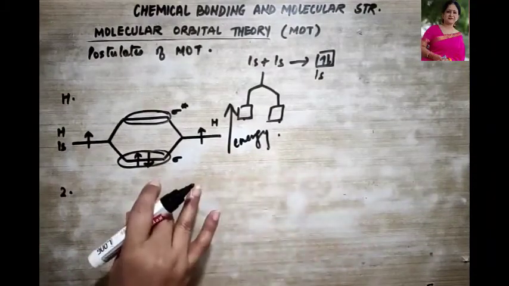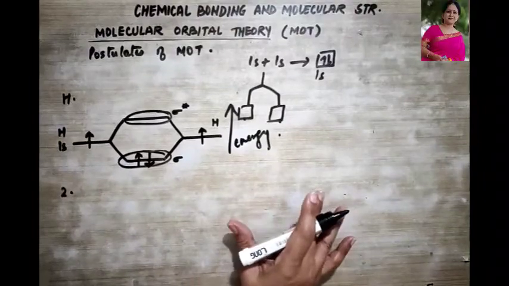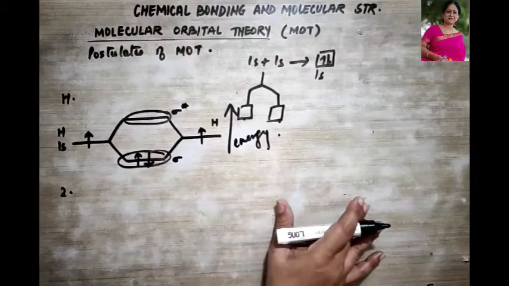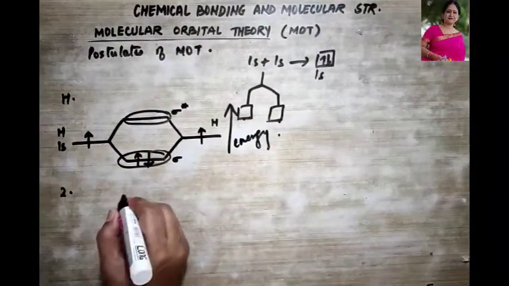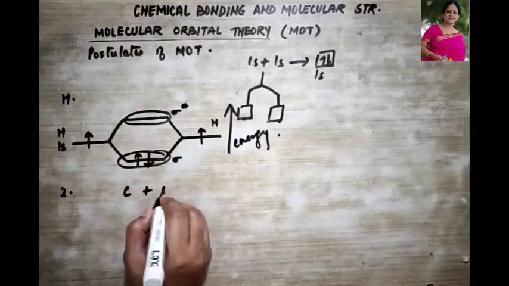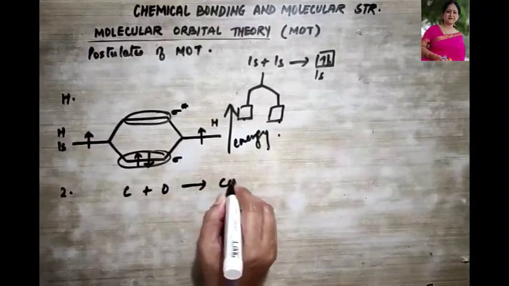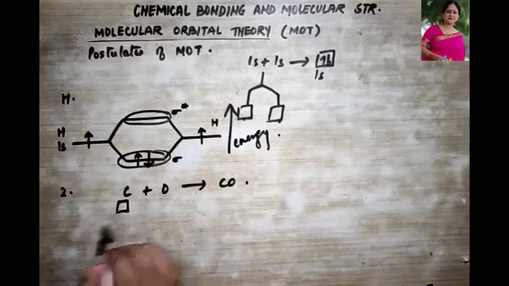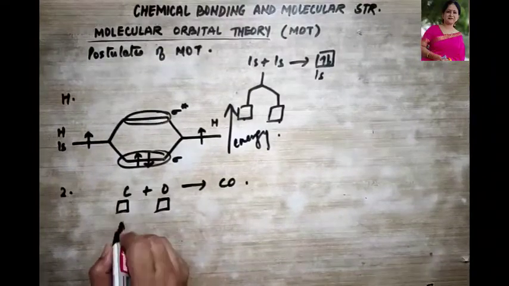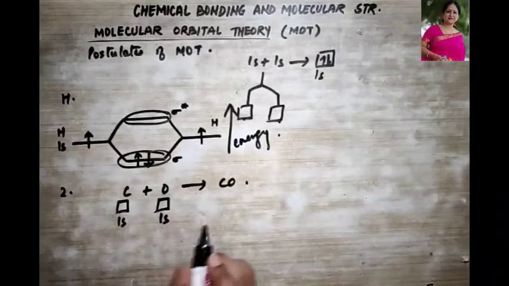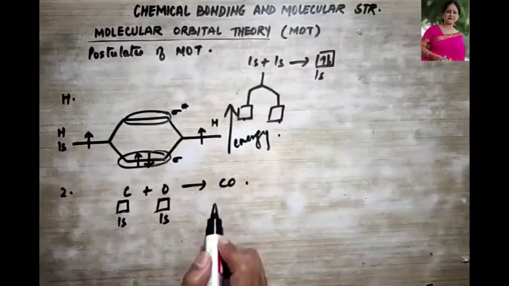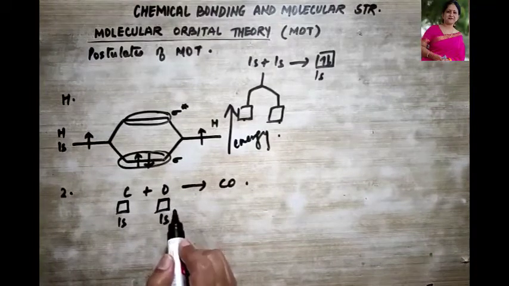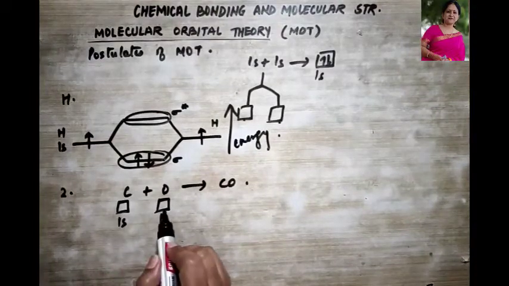Remember that. For example, let us see carbon plus oxygen. It forms carbon monoxide. So the 1s of carbon will combine with the 1s of oxygen only, and they will have nearly the same energy.